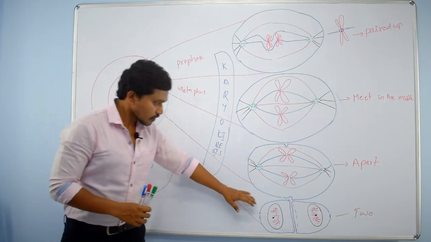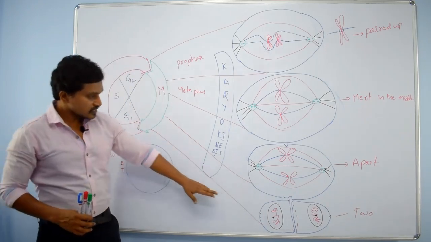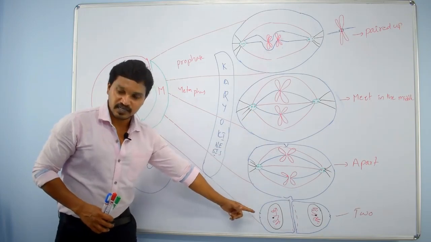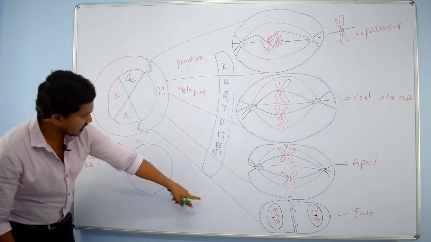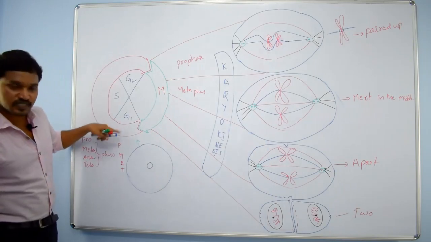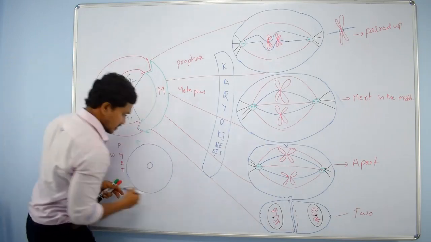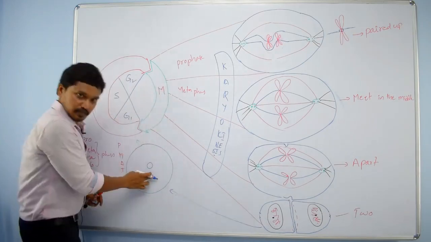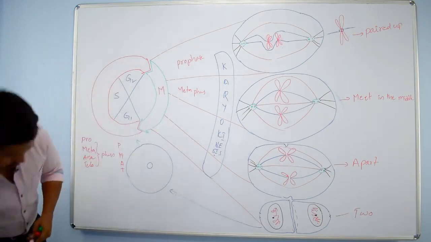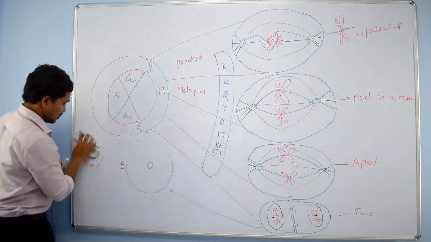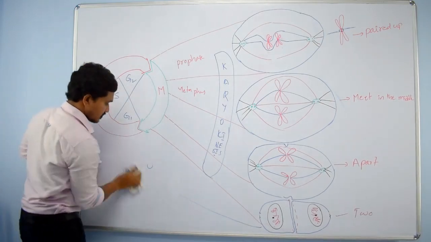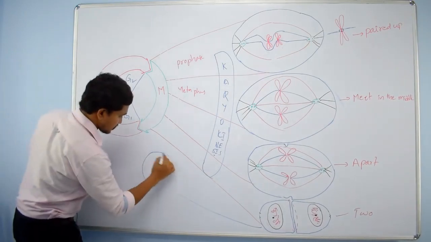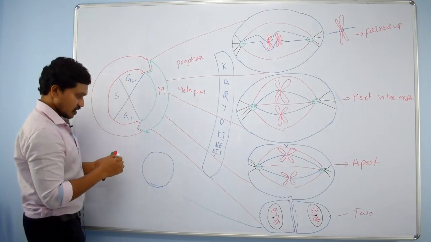Right? Clear? Now once this cell completes its cytokinesis, then this cell enters into G1 phase again. Just imagine this one only, otherwise I will remove to avoid confusion. Now this is the cell, right?